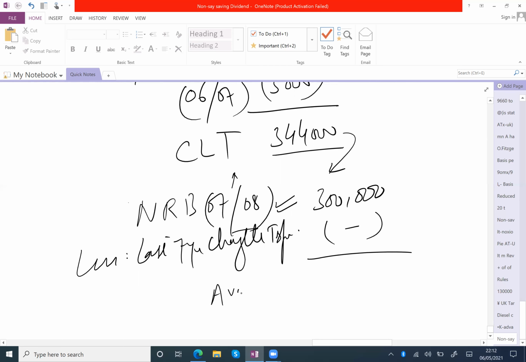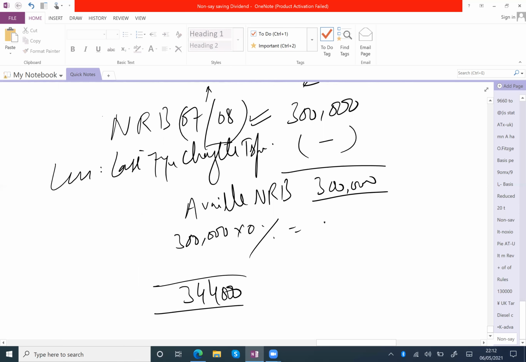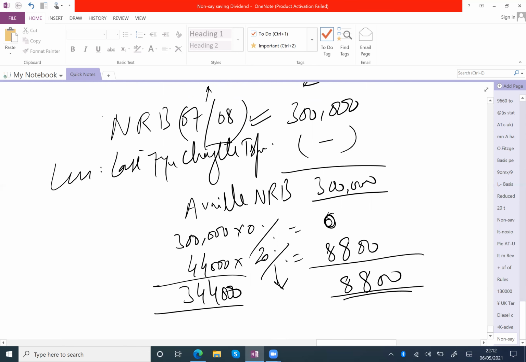So the available NRB is the full 300,000. Now pay the tax on the 344,000 value of the CLT, of which 300,000 is covered by the nil rate band, so tax is zero. The remaining 44,000 is taxed at 20%, because for lifetime tax, if the examiner is silent, assume the lifetime tax is paid by the donee, and if the donee pays, then the 20% rate applies. So 8,800 is the tax on the CLT.